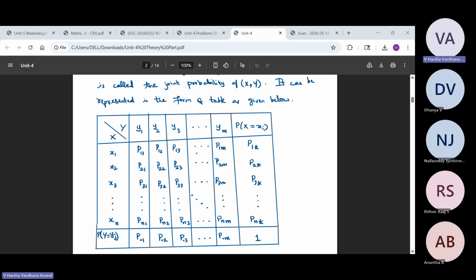Here, P11 is nothing but the probability at x1 and y1. If you want to get x over here, just add all of these, and again, add all of these. Here is x1 with y1, x1 with y2, x1 with y3. To get x1, just sum up everything. So x1 with y1 plus y2 plus y3, everything will give you this.